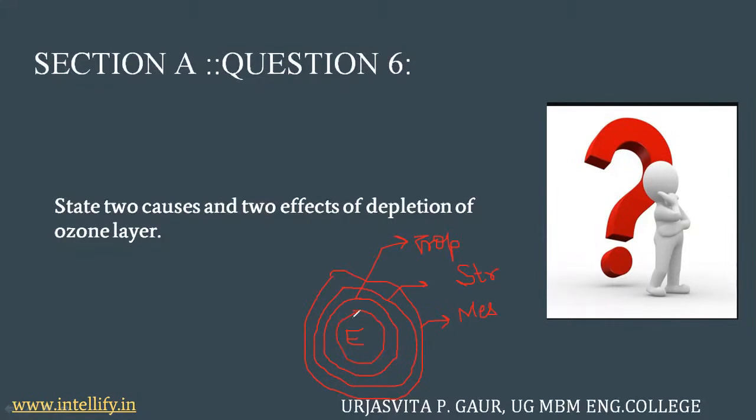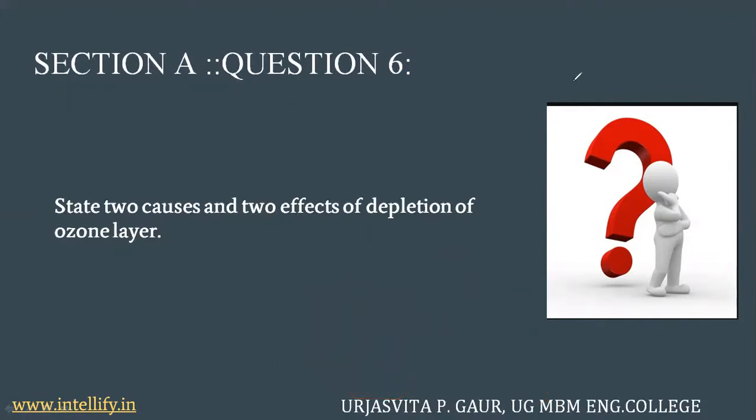One is your thermosphere, and one is your exosphere. And after exosphere, you have your blank space or your empty space, which is there. So this is the basic structure of the atmosphere around the Earth. The nearest layer is your troposphere. Then you have your stratosphere. Then you have your mesosphere, and then you have a thermosphere right here, and then you have exosphere right here.